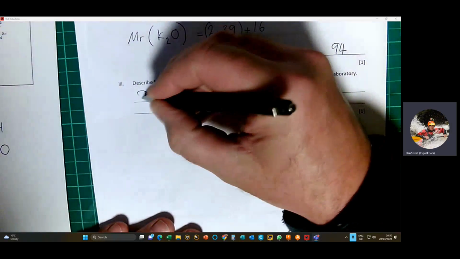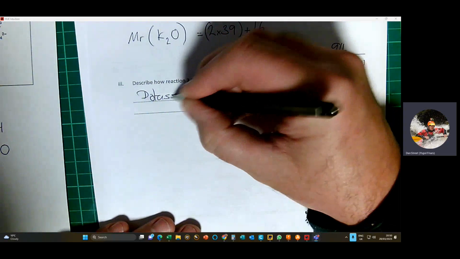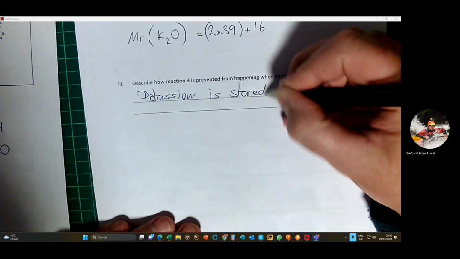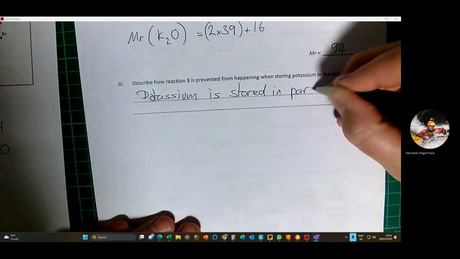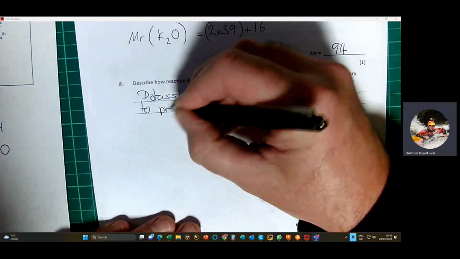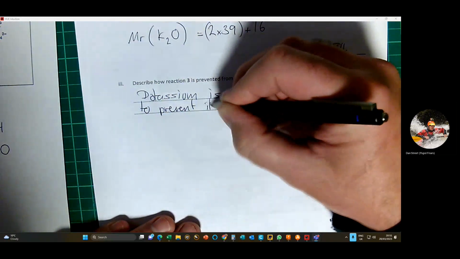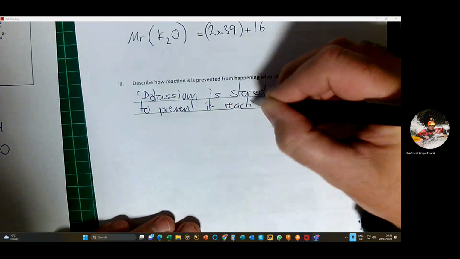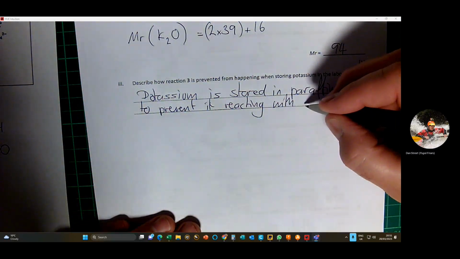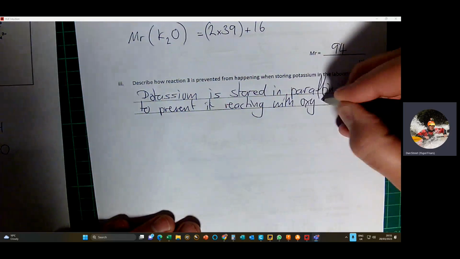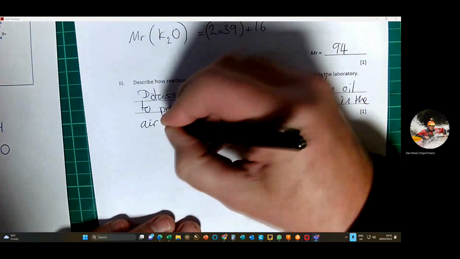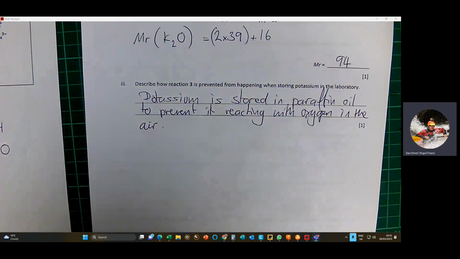Okay, and so potassium, this is a knowledge question really, you need to remember this, is stored in paraffin oil to prevent it reacting with moisture in the air, or with oxygen, actually with oxygen in the air. Okay, that's question 3.